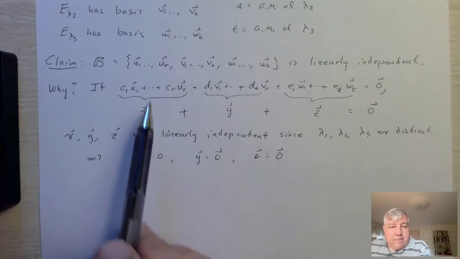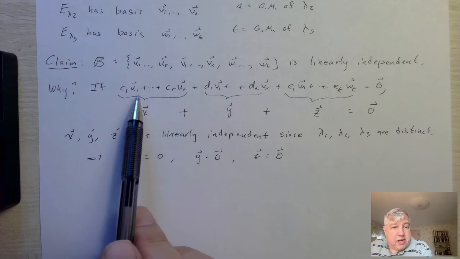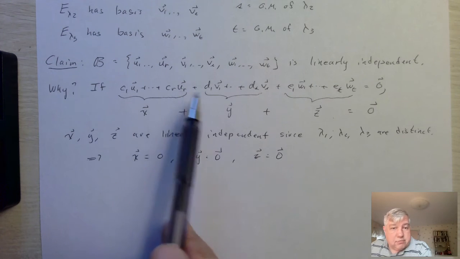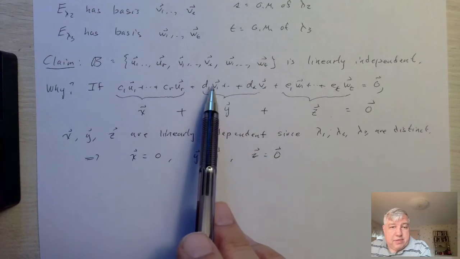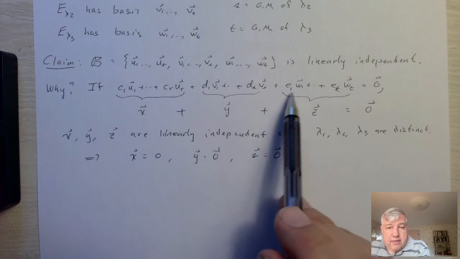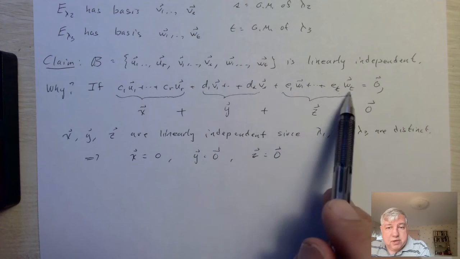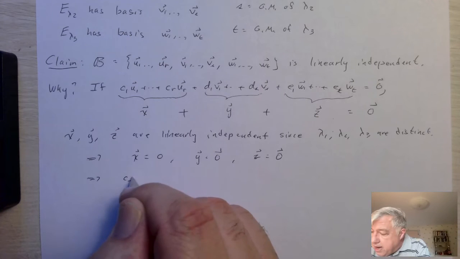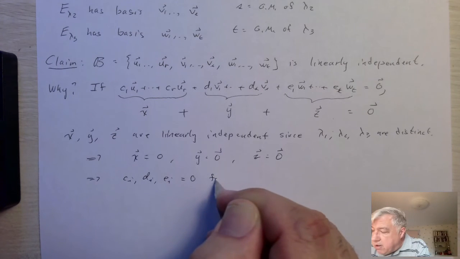But that means that this linear combination of the u's is 0, and because the u's are all linearly independent, the c's are all 0. Similarly, the v's are linearly independent, so the d's are 0, and the e's are also 0 because the w's are linearly independent. So the ci, di, and ei are 0 for all i.